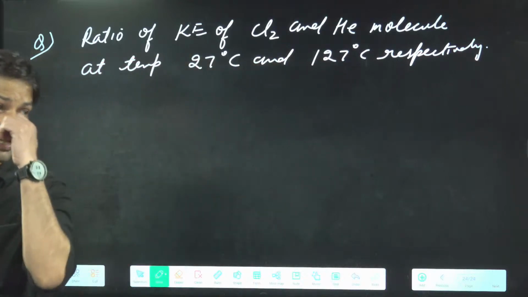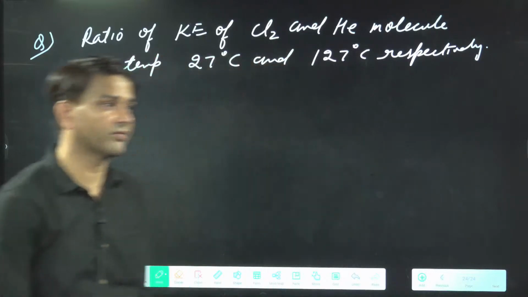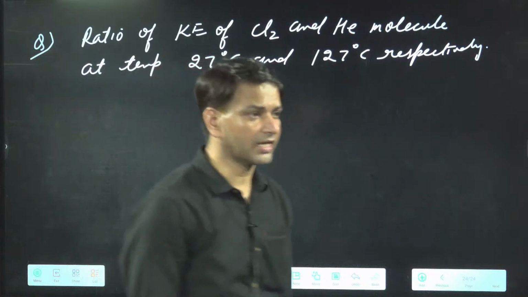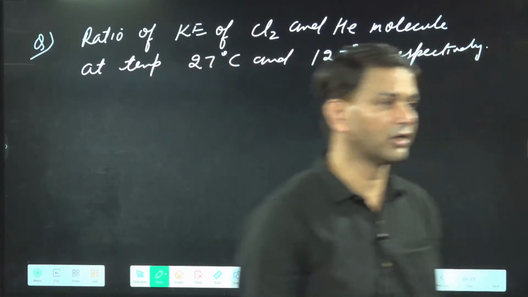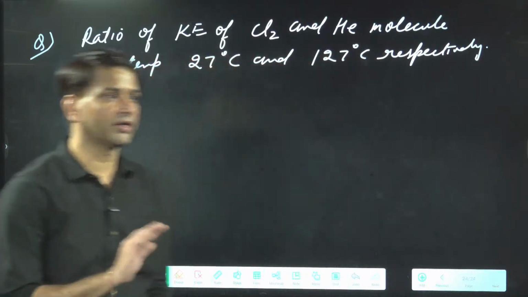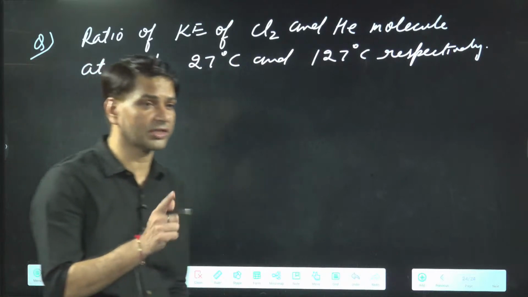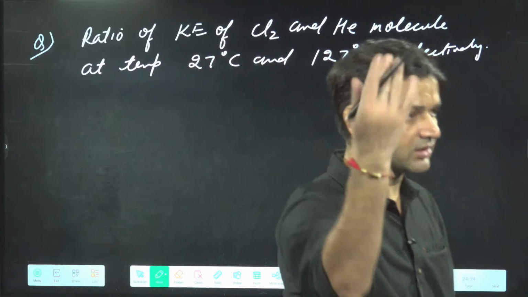What is the answer? Ratio of the kinetic energy of the chlorine and helium molecule at temperature 27 degrees C and 127 degrees C. So the answer is directly 3/4. Here it doesn't matter that one is monatomic and one is diatomic. That will not affect; we only see the temperature factor, because I am asking for the molecule. Read the question carefully. For molecule and for gas, the answer will be different. Gas I will discuss later.